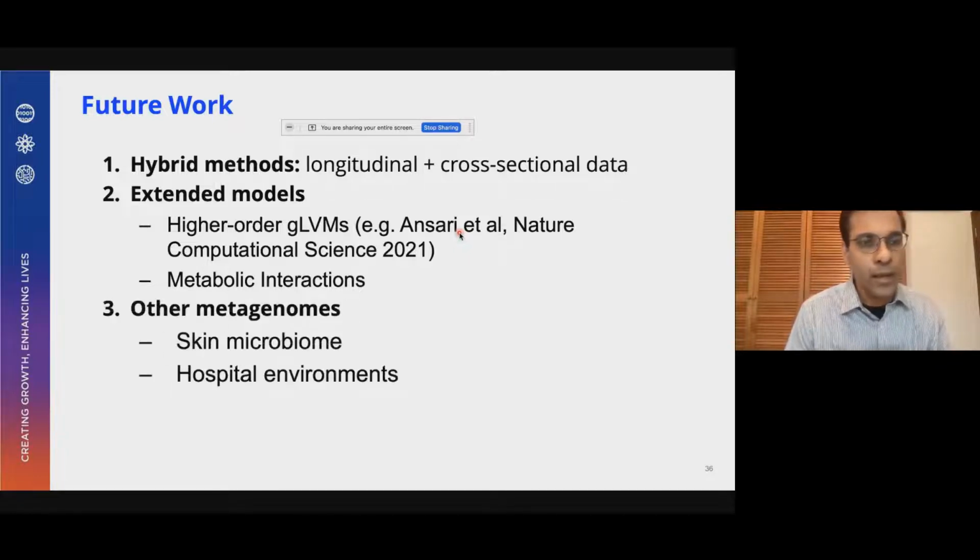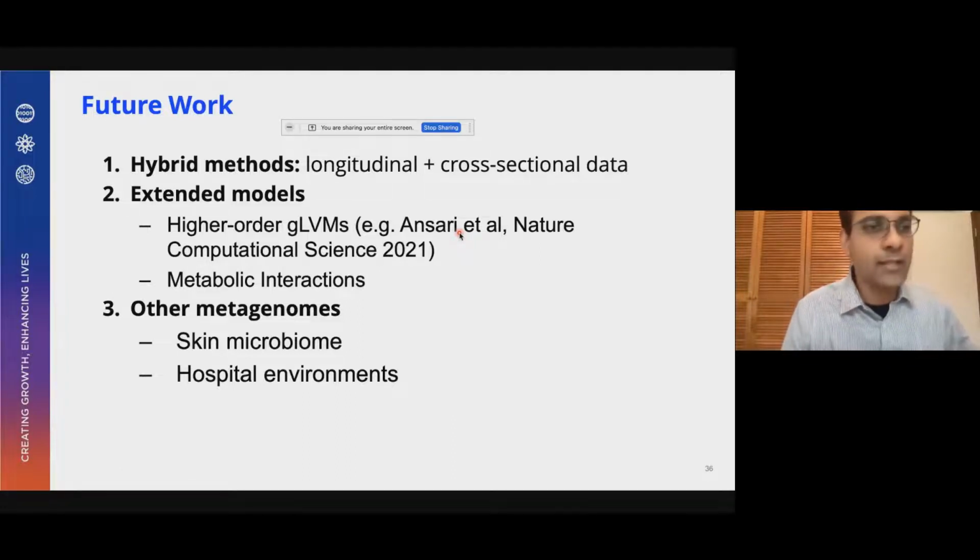And finally, we think we're just starting to generate these large data sets that can be used for this sort of modeling. In our own lab, we have extensive work in the skin microbiome space. We're also looking at environmental microbiomes, particularly in hospital environments.